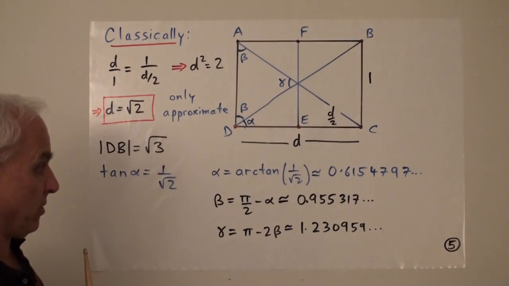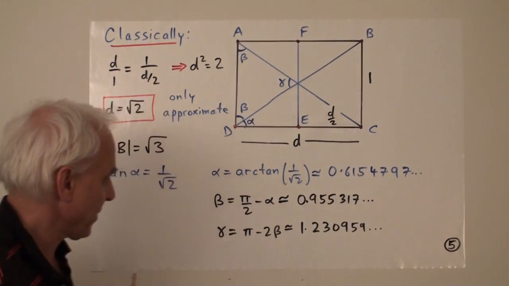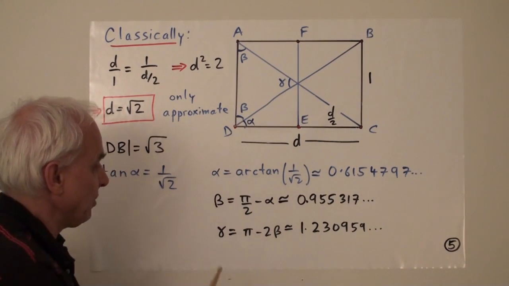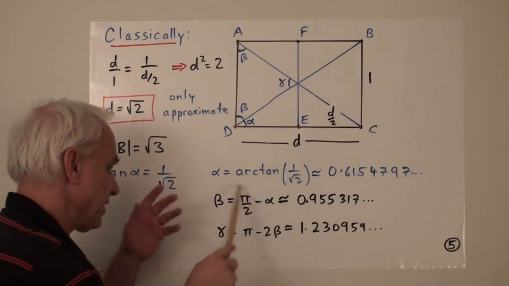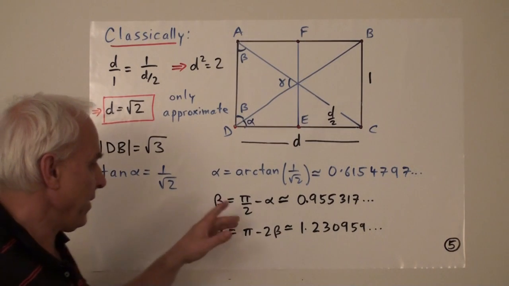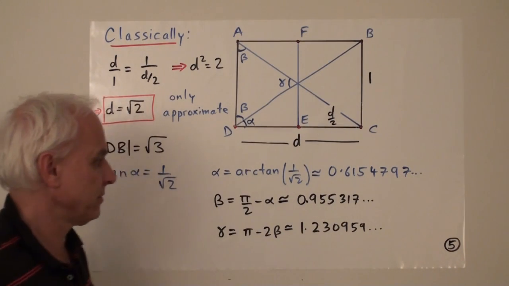So you write that down. You forget about all the rest of the information. And then if you want this angle here, well, these two add up to pi over 2. So this will be pi over 2 minus alpha. So again, you ask your calculator for some decimal approximation to pi over 2, and then you work with these decimal approximations. You get a decimal approximation for beta.